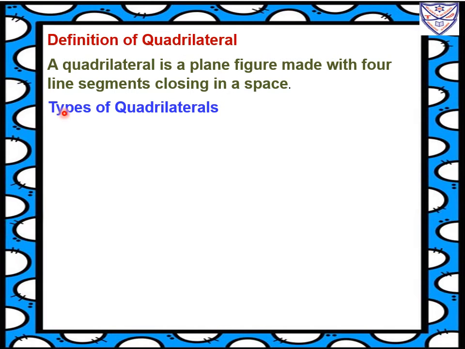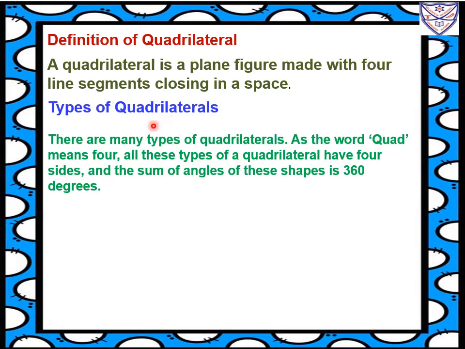Now we will see the types of quadrilaterals. There are many types of quadrilaterals, as the word quad means 4. All these types of quadrilateral have 4 sides, and the sum of the angles of these shapes is 360 degrees.